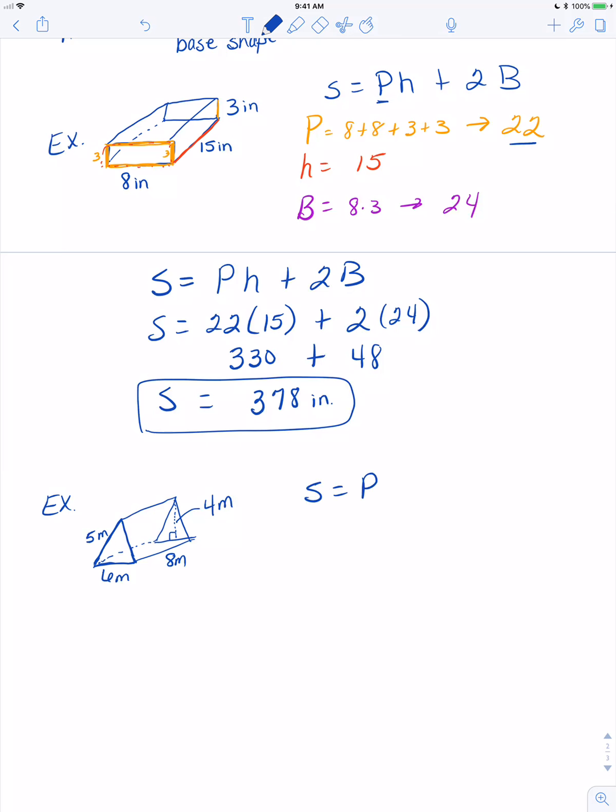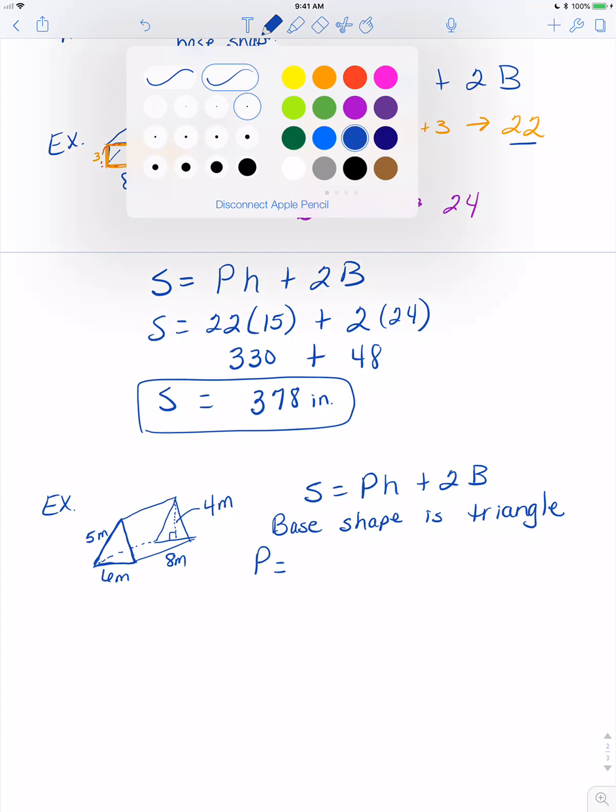Let's rewrite our formula and then go start solving. So remember that base shape on this one is a triangle. All right, so P, the perimeter of the triangle, is going to be all those sides added together.